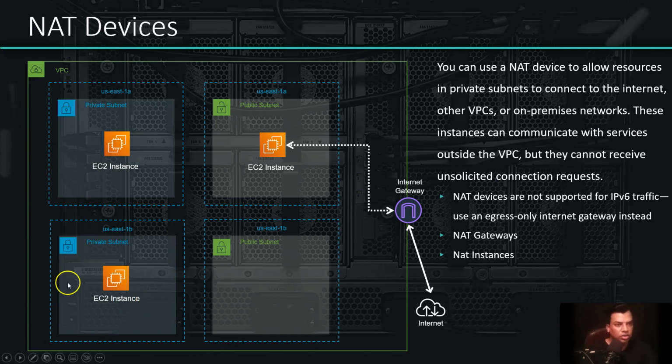But because this is launched in a private subnet, it doesn't have any connectivity to the internet via the internet gateway. And that is because, since this is a private resource, there shouldn't be any inbound connections to this resource in the private subnet from the internet.